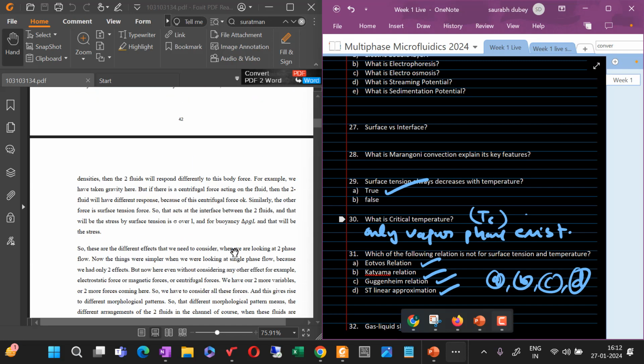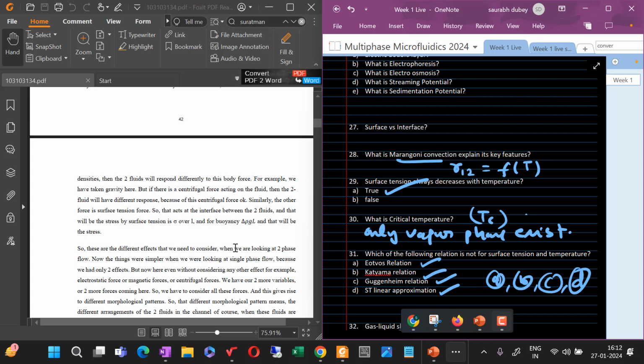So for example, there is an interface of two fluids. If there is an interface, there will be an interfacial tension, gamma 1 2, and this interfacial tension will be a function of temperature.